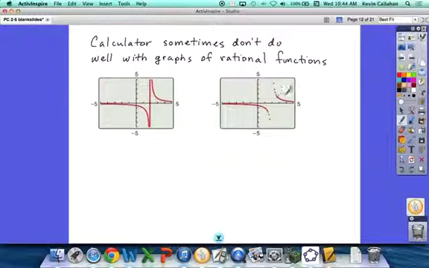It could either do this kind of thing where the graph disappears, or it could connect this branch and this branch with a line that's actually not there either. Right? So our sketching of the graphs will probably come up with better graphs than the calculators sometimes. And I'm not sure if there's some variety of Texas Instruments calculator that does better with this, but most of the ones I've seen, even the 84s, do have this problem.